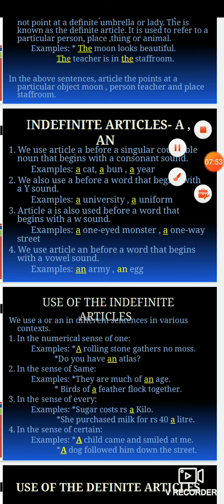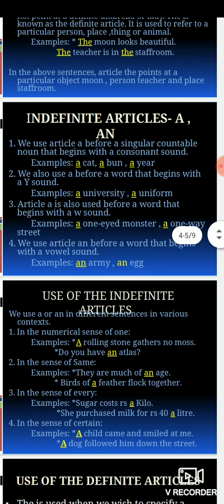For example, for particular, like he is an honest man. So here, he is an honest man, and h is a consonant, but we are using an. Why? Because when we pronounce honest, the o is pronounced like o, honest.